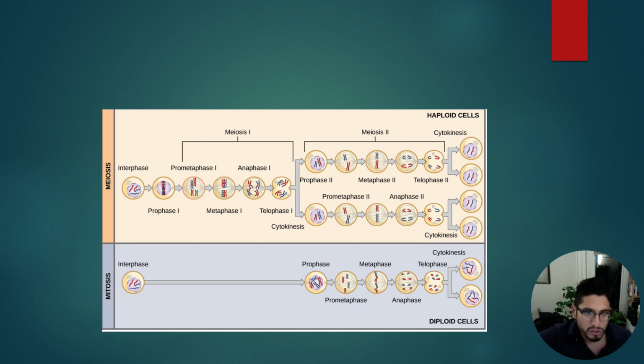So in meiosis 1, we have a linkage of those homologous pairs, and then in meiosis 2, we have a continuation of division, so that by the end, we have as much genetic recombination in our sex cells as we can possibly. So we want a lot of genetic variation in our sex cells.